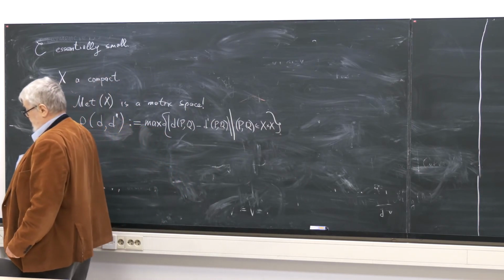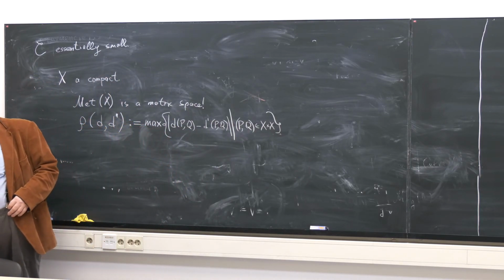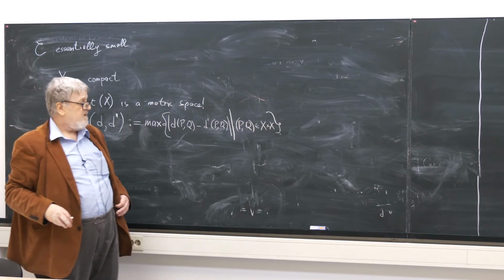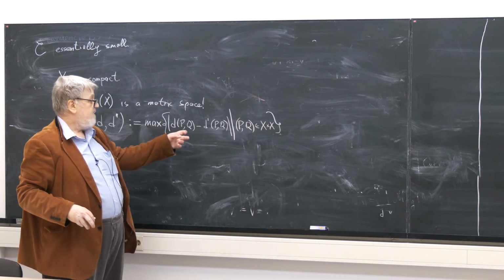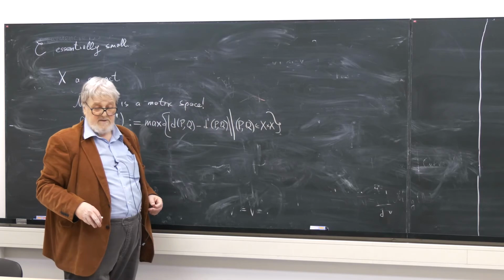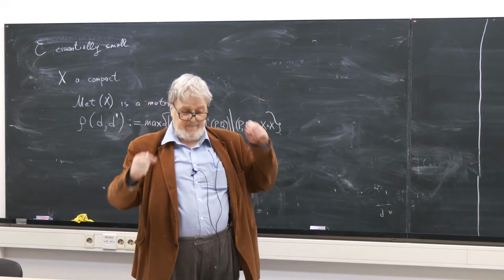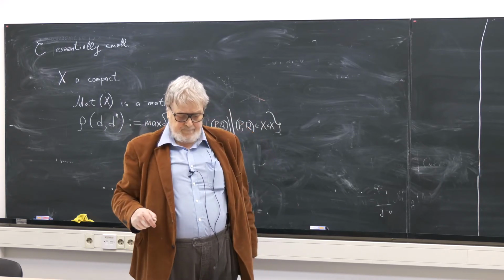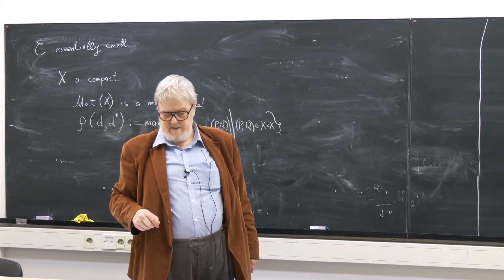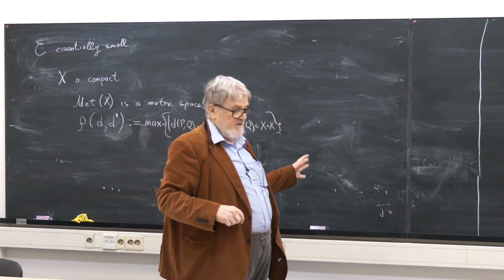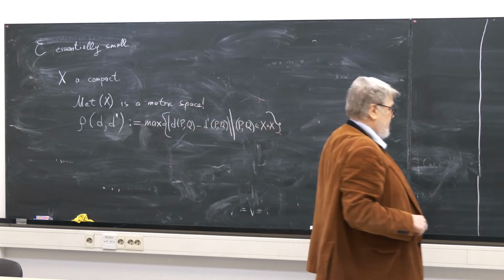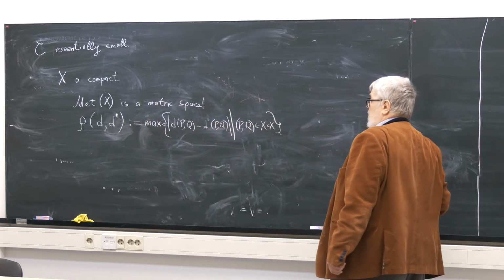It's important that X is assumed to be compact, then this maximum is attained. It is a nice exercise to check that this is a metric space. Of course, it is not compact. In fact, it is a cone.